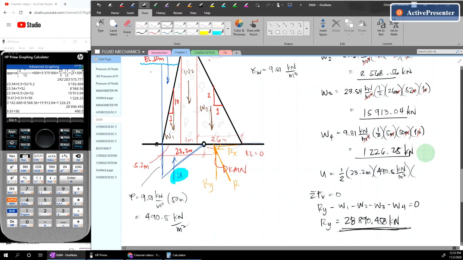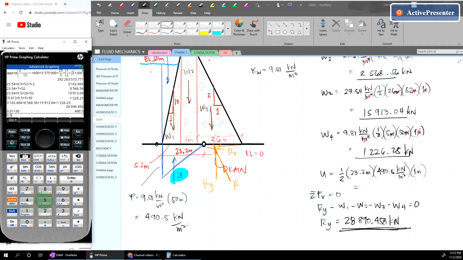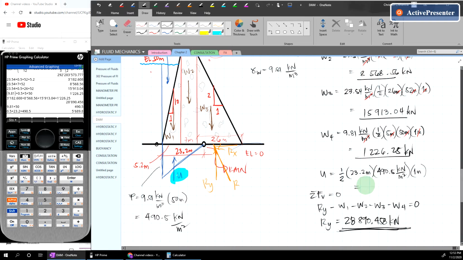So yung width natin na 1 meter para maging volume. Okay, so we have 0.5 times 23.2, then times itong 490.5, then times 1. So meron tayong 5,689.8 kilonewton.